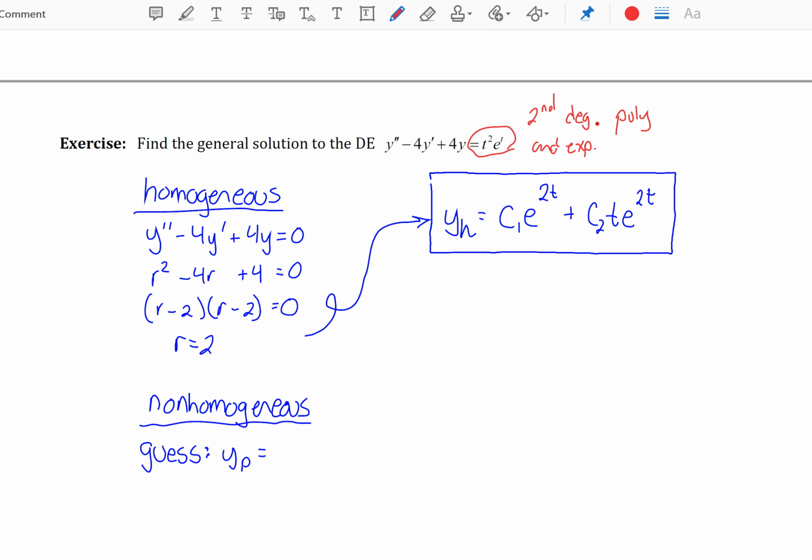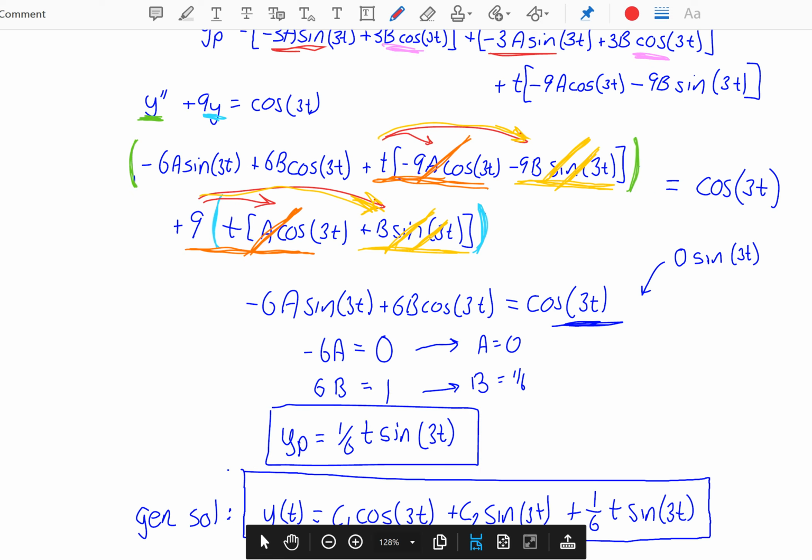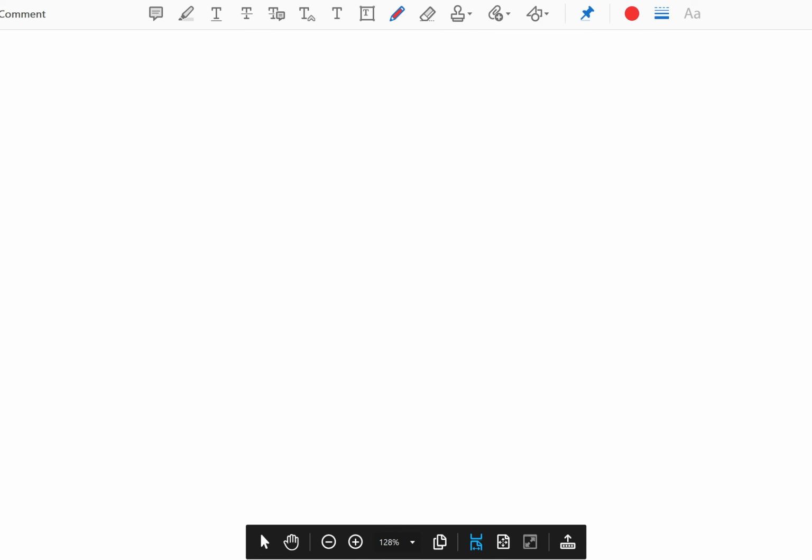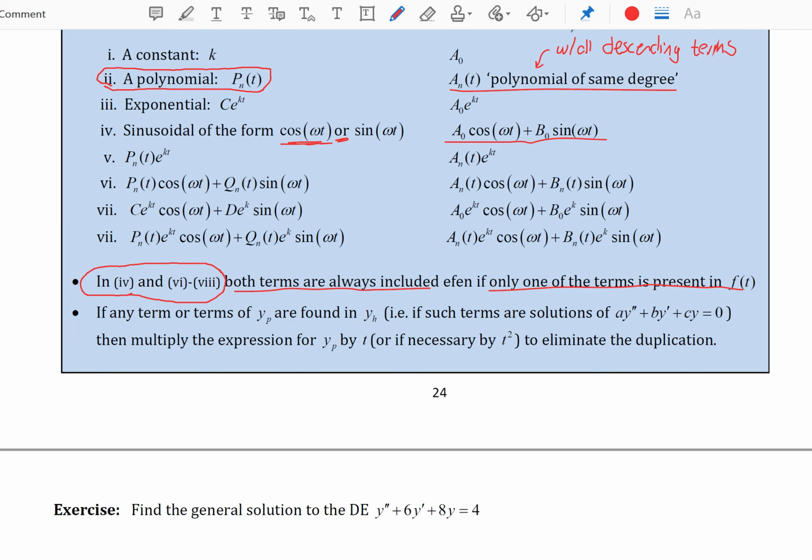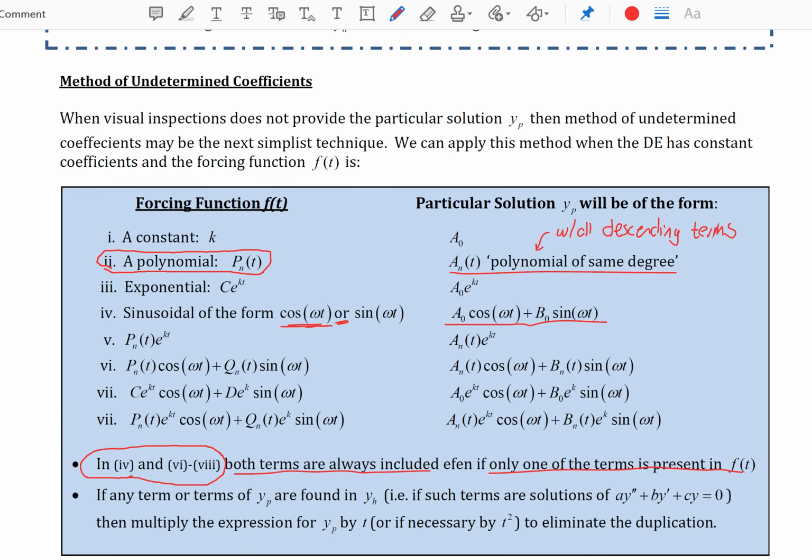So again, if you look back to your notes on the forms of our forcing functions, right now we're looking at one that looks like form 5, a polynomial times an exponential. And our appropriate guess is going to be another polynomial times an exponential, where the polynomial has to be of the same degree but include all descending terms.